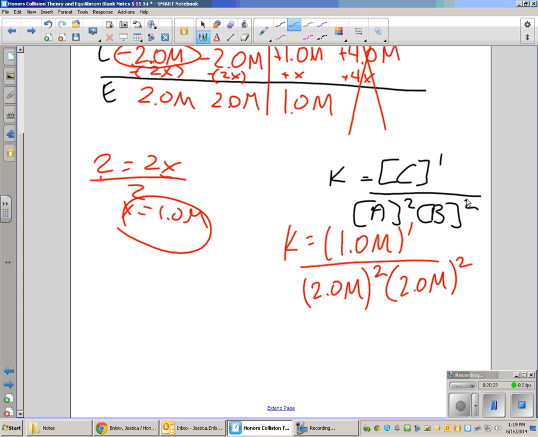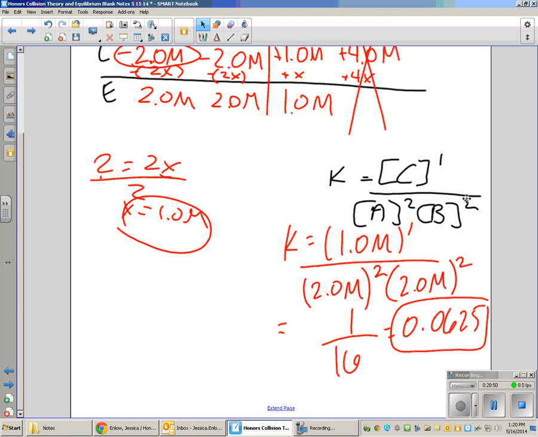Can you do that in your head? 1 over 16, which is 0.0625. You just did 2 squared is 4, 2 squared is 4, and 4 times 4 is 16. That's not so bad, right?